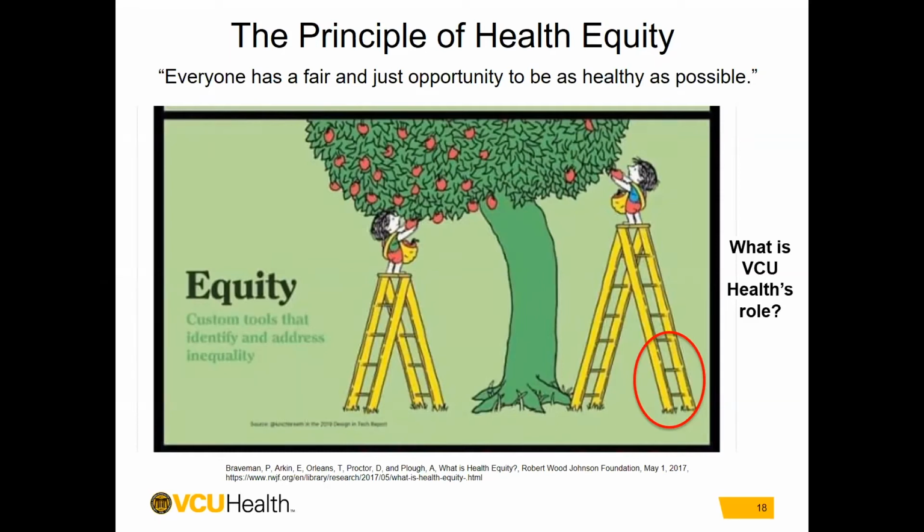And if you want to put it in context, Dr. Paula Braveman, who really is the guru in much of this work, has said that health equity represents our opportunity to bring social justice to health. And that health disparities are important for us to look at because they are the metric that we use to measure progress towards achieving health equity.